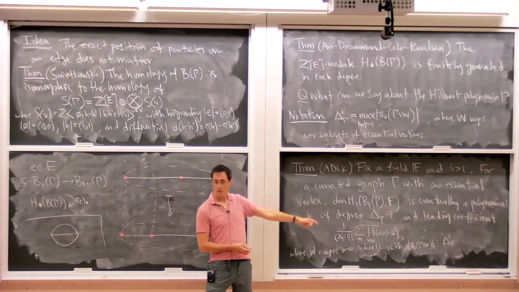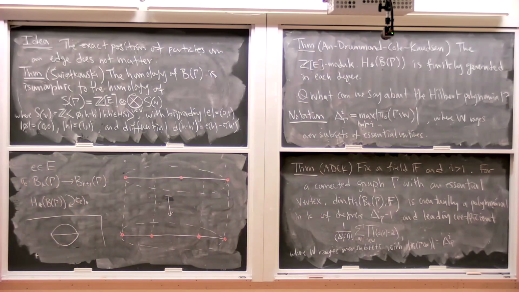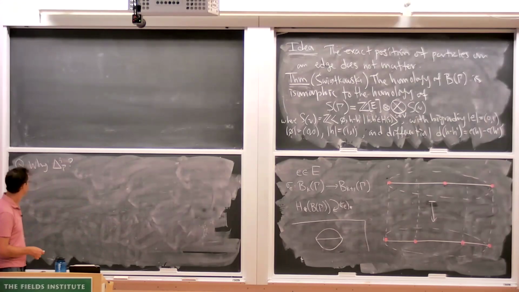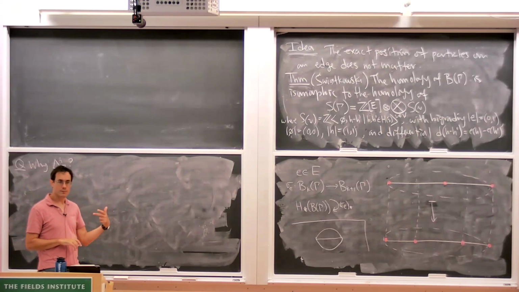So in order to bound the degree from below, we're going to produce a bunch of homology classes. We're not going to show it, but we're at least going to see what the classes are.